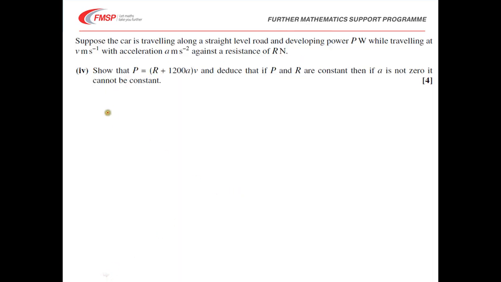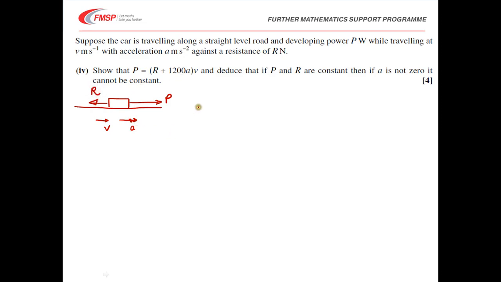The car's travelling now along a straight level road. We're almost there. This is the last little section of this question, and it's developing a power P, so we're generalising a little bit more in this part. It's travelling at v meters per second with acceleration a meters per second squared against a resistance of r newtons.